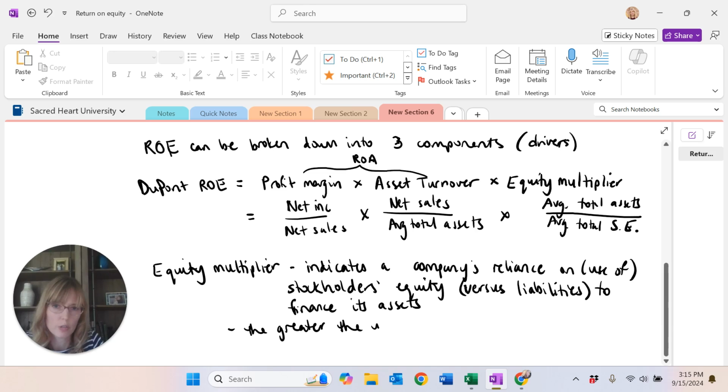So the greater the use of equity, think about this ROE formula, our net income divided by total stockholders' equity. The higher the denominator, the lower the ROE.